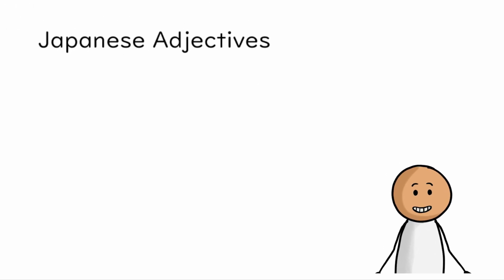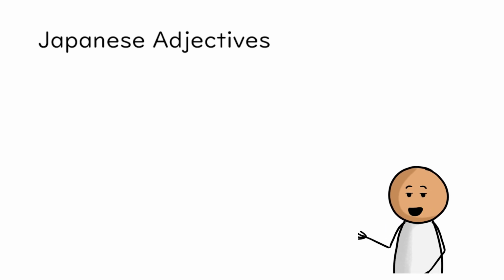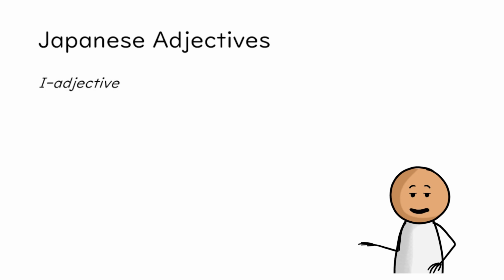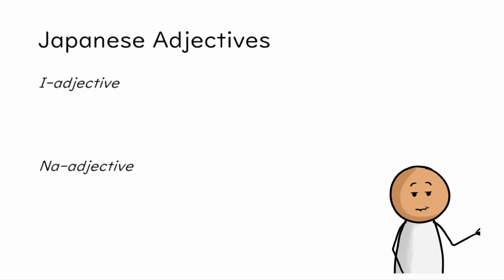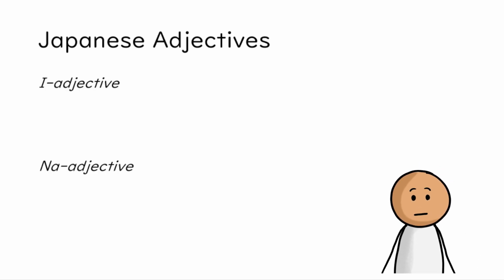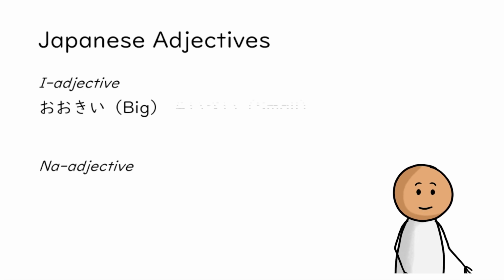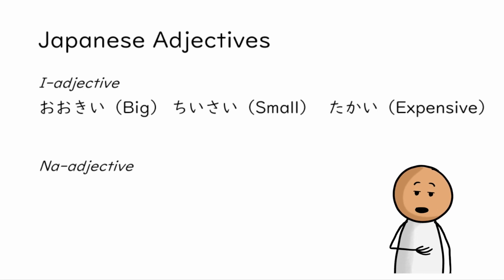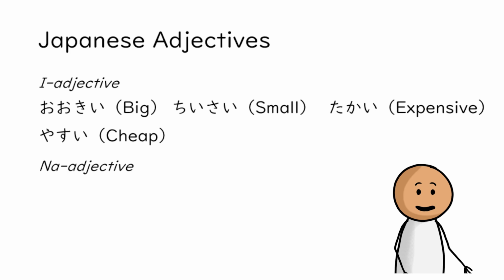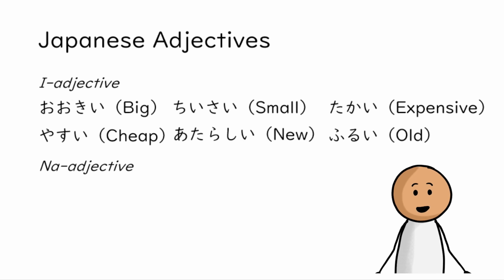There are several ways to modify nouns, and using an adjective is one of them. In Japanese, there are two types of adjectives: i adjectives and na adjectives, and they conjugate differently. 大きい、小さい、高い、安い、新しい and 古い are examples of i adjectives.